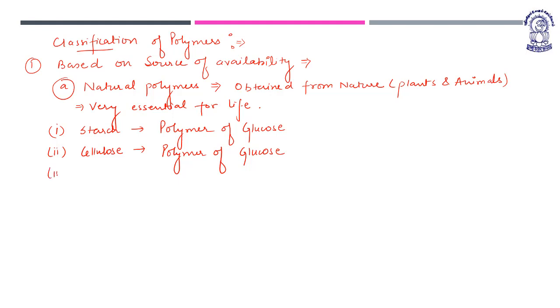Proteins are the polymers of amino acids. Understood?